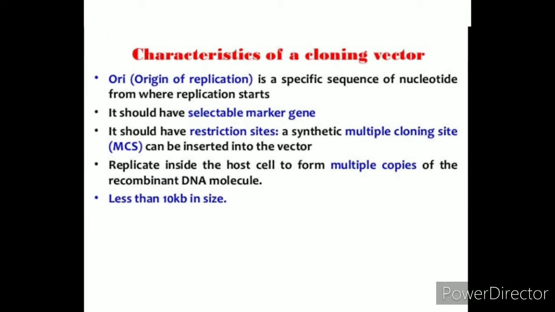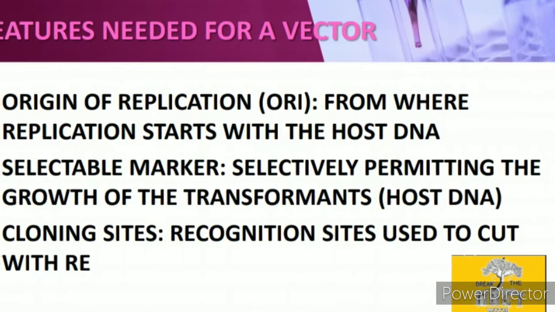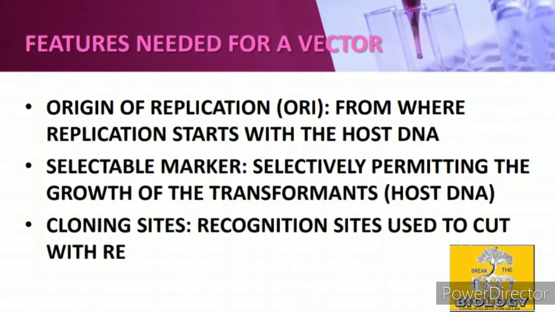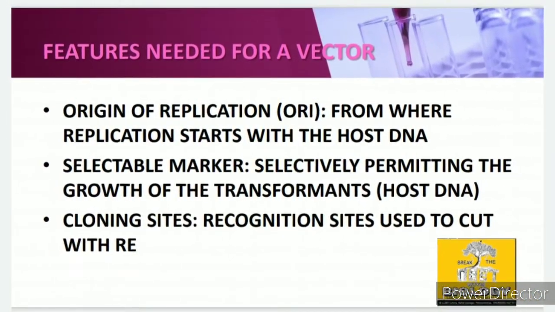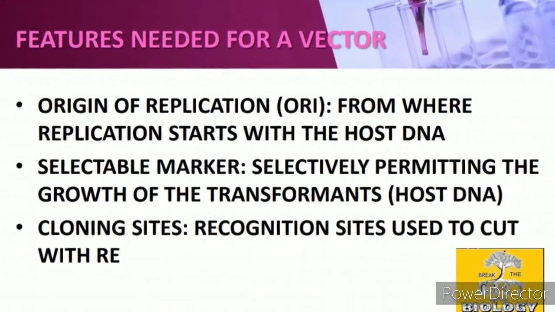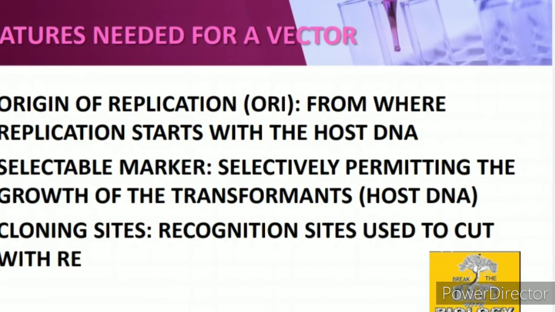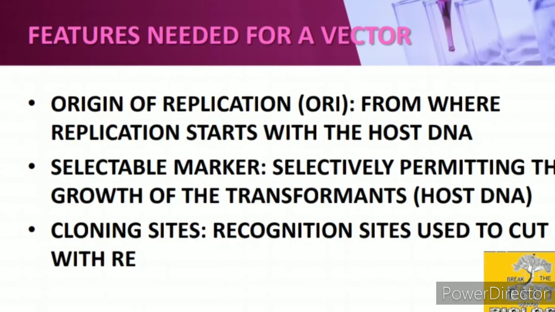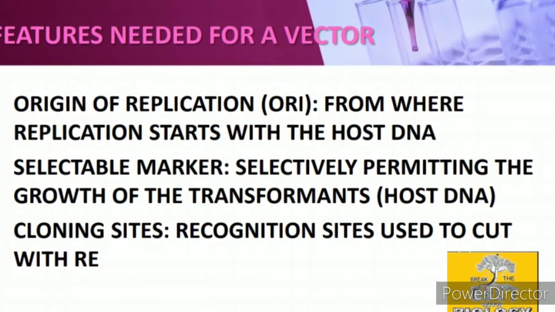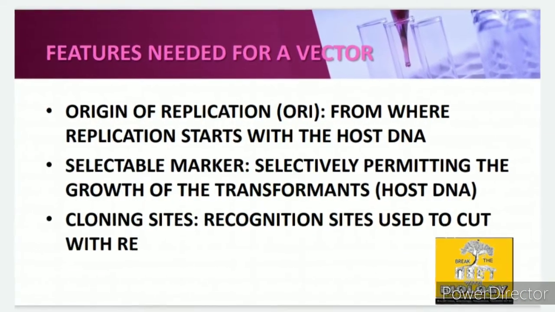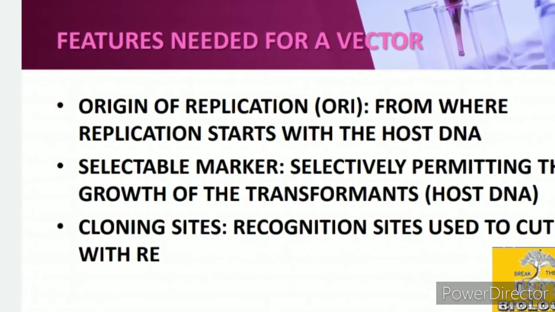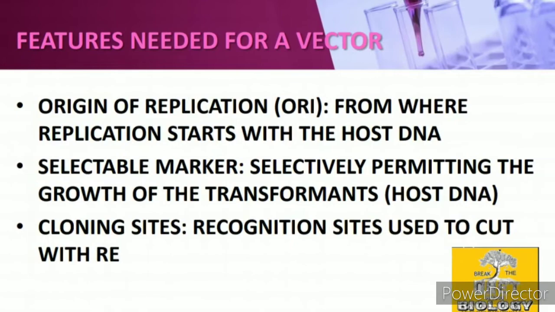The following features are required to facilitate cloning into a vector. Origin of replication: this is a sequence from where replication starts, and a piece of DNA when linked to this sequence can be made to replicate within the host cells. Selectable marker: in addition to the origin, the vectors require a selectable marker which helps in identifying and eliminating non-transformants and selectively permitting the growth of the transformants.